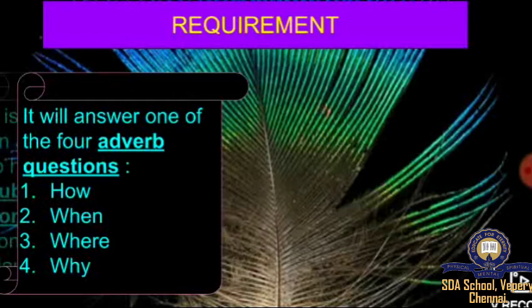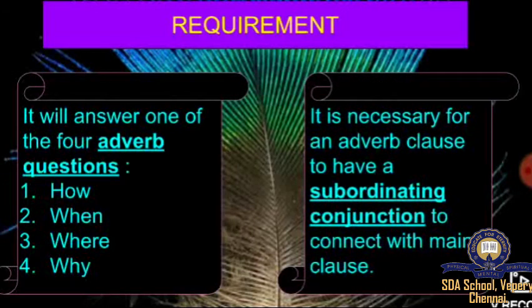Requirement number 2. It is necessary for an adverb clause to have a subordinating conjunction to connect with the main clause. Without a subordinating conjunction, they won't be able to connect with the main clause.